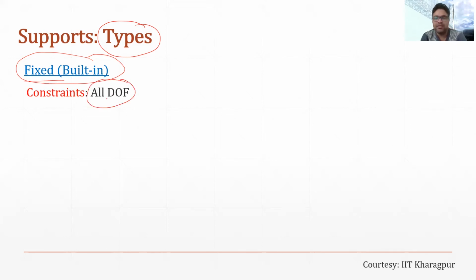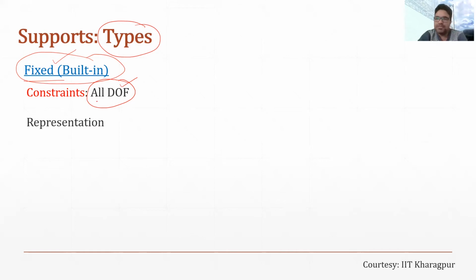If we are dealing in 3 dimensions, fixed support can stop all degrees of freedom, which means translation along the XYZ axes and rotation about the XYZ axes will be prevented. As I said, we will be dealing in 2 dimensions, so there are basically 3 degrees of freedom, and all 3 can be prevented by providing the fixed support.